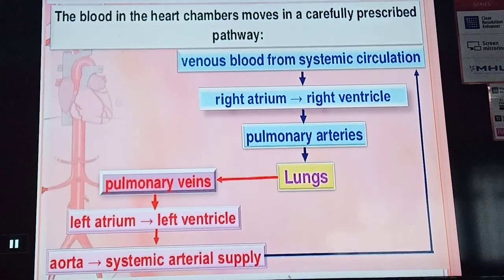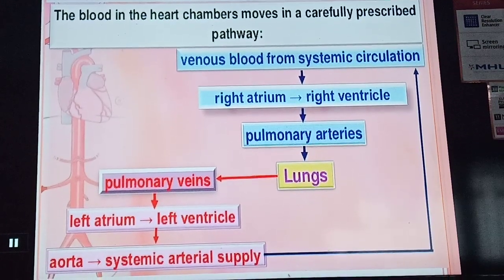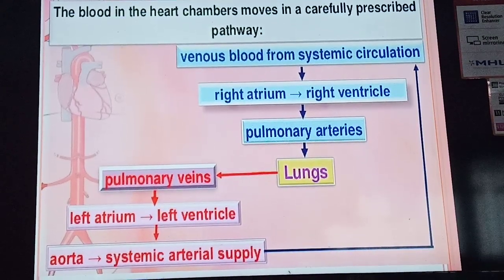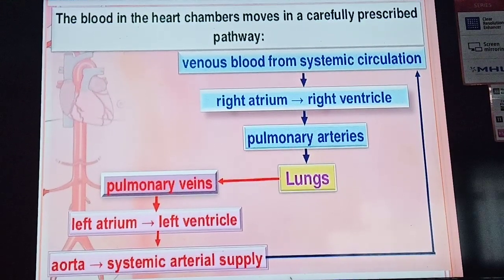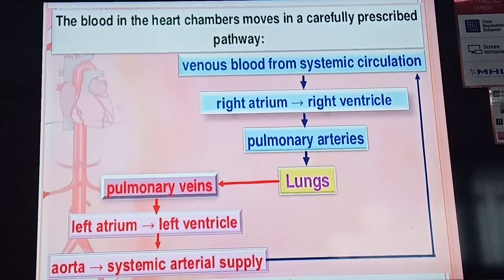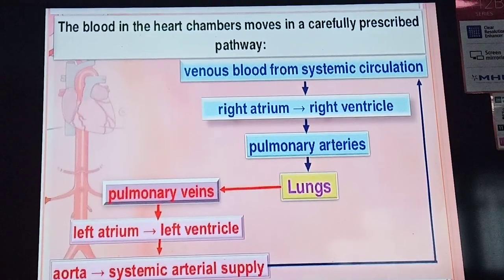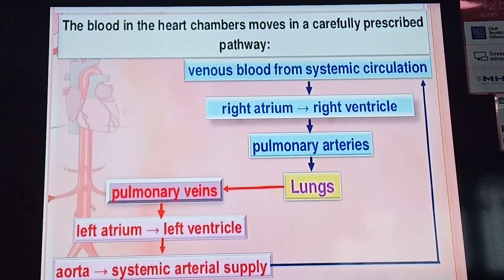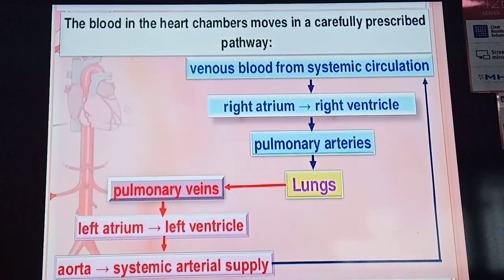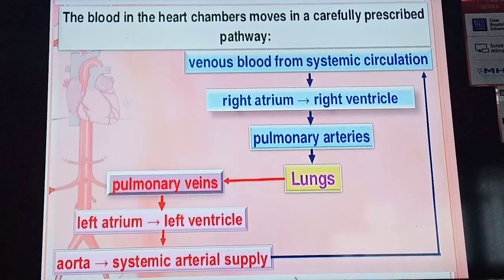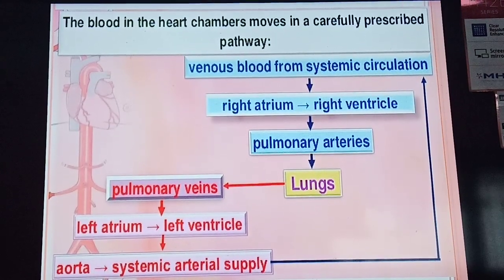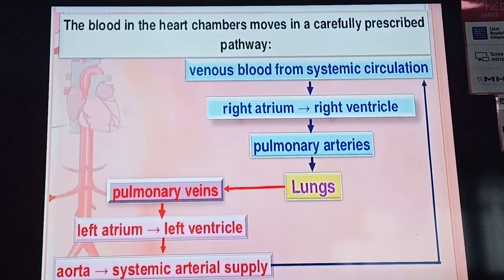Before starting hypertensive heart disease, all of you know about the blood circulation in the heart. The blood in the heart chambers moves in a carefully prescribed pathway. The venous blood from the systemic circulation goes to the right atrium, and from the right atrium to the right ventricle, and then to the pulmonary artery.